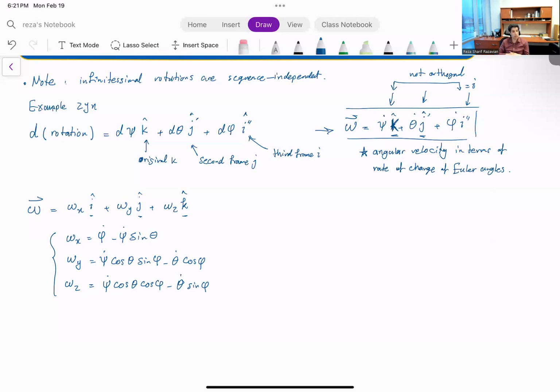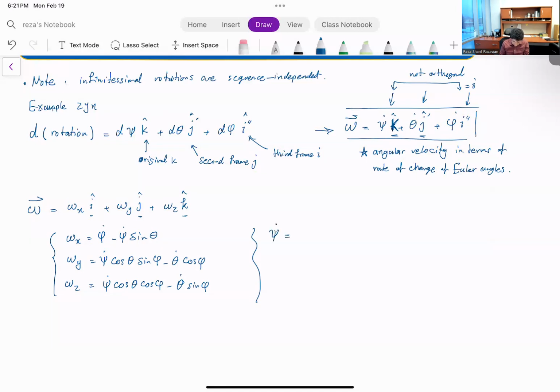These omega x, omega y, and omega z are what are useful for us to do calculations. And you can also go the other way around. If you know your angular velocity, your omega x, omega y, and omega z, you can go back and calculate how fast your motors are rotating. And you can do it like that.